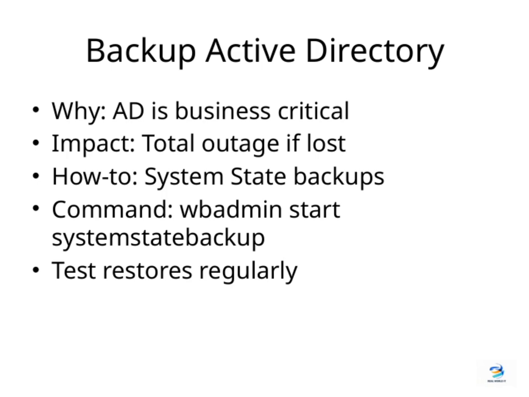And don't forget, testing restores periodically is just as important as creating backups. This ensures that when the time comes, our backups are valid and can be relied upon. Lastly, always remember to back up Active Directory itself. This is a critical step in safeguarding our identities and permissions, keeping our business resilient against potential disruptions.